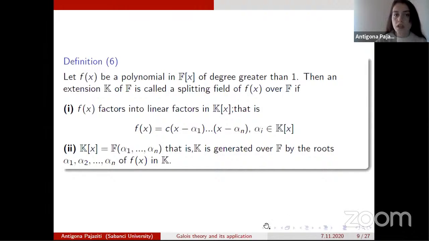So if we have a polynomial in the polynomial ring F[x] of degree greater than 1, then an extension K of F is called the splitting field of f(x) over F if, first, that polynomial f(x) can factor into linear factors over the polynomial ring K[x], where the alpha i's are in K. Sorry, this must be K, not K[x]. And second, this extension is generated by F and the alpha i's, where the alpha i's, as I said, are the roots of our polynomial f(x) over F. So in the splitting field K over F, our polynomial can be factored into linear factors.